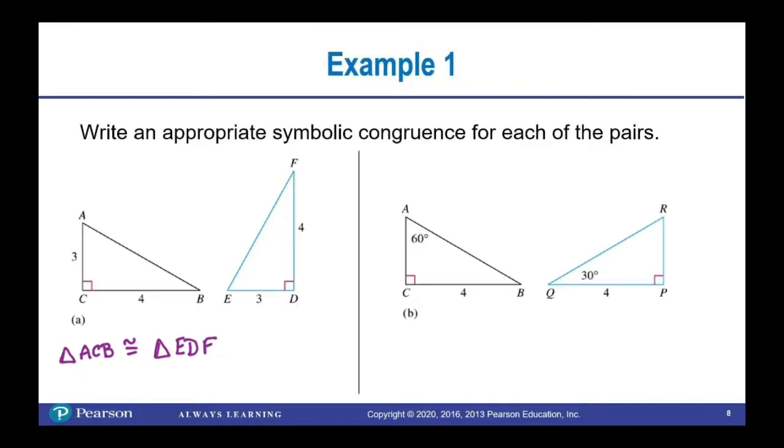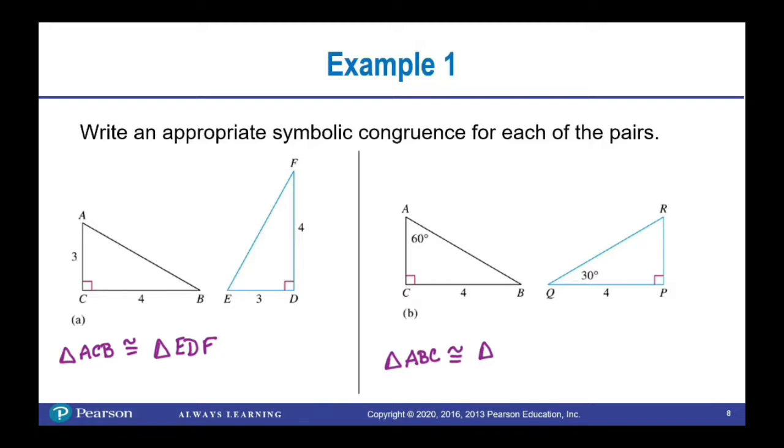Look at part B. Again, the order that I name my first triangle doesn't matter. So I'm going to name this one triangle ABC. Don't forget your symbol for congruent. And then I'm going to start thinking about my second triangle. Again, our matching pieces need to be named in the same order. So I need to figure out which of my pieces match in my two triangles. Now remember, the sum of the measures of the angles of a triangle is 180.